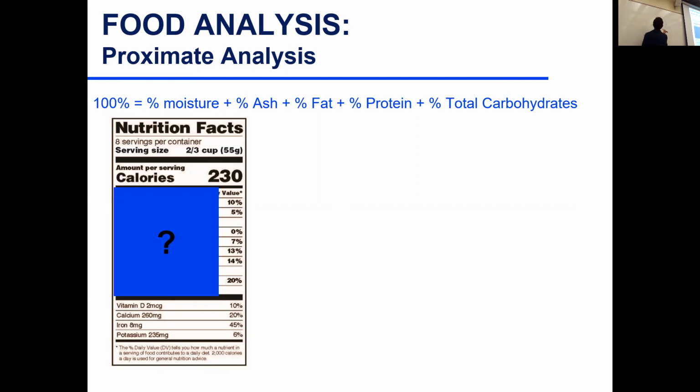Oh, okay. You have ash content. So this is ash. This is moisture. Now, depending on the sample that you have, this could be protein.